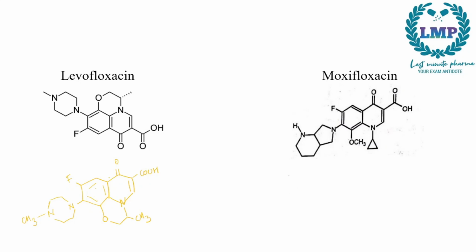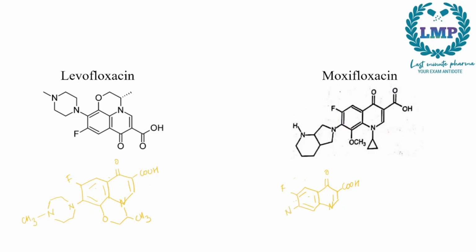Next we have moxifloxacin. So how do we draw moxifloxacin? Moxifloxacin would be the same basic ring. We make it a 4-quinolone. Then we give it a COOH. Then we give it a fluorine.